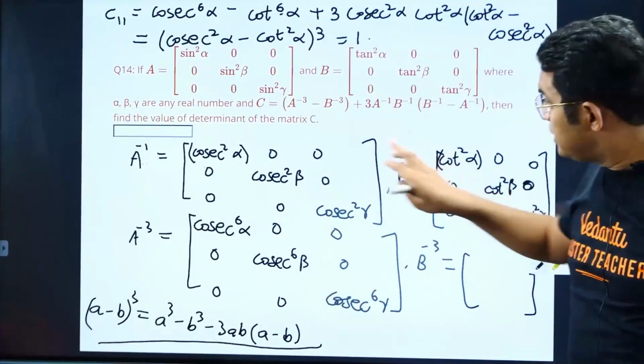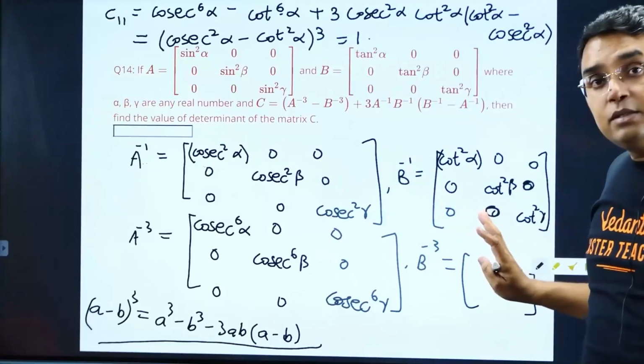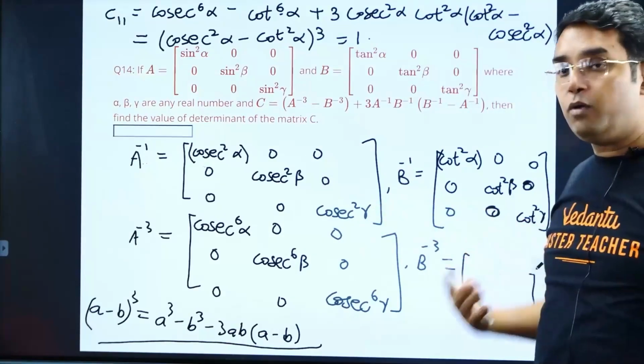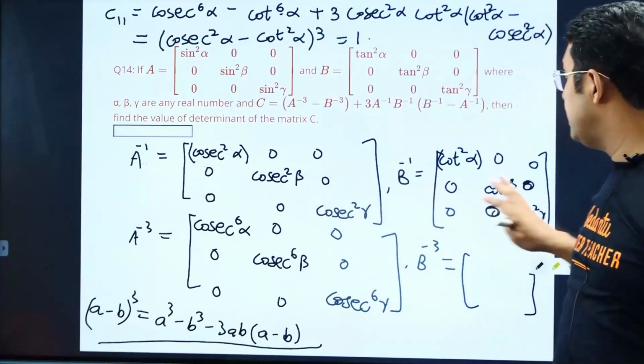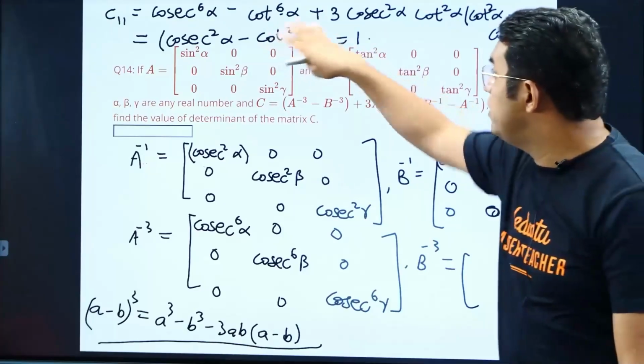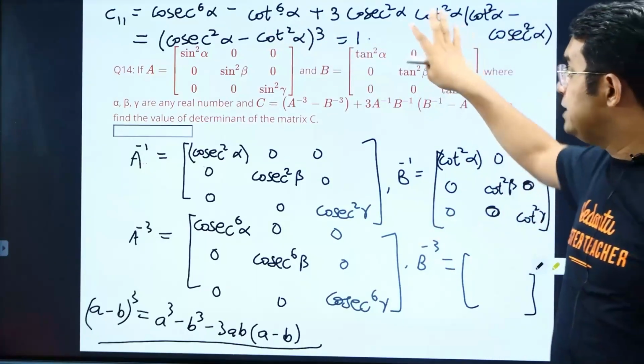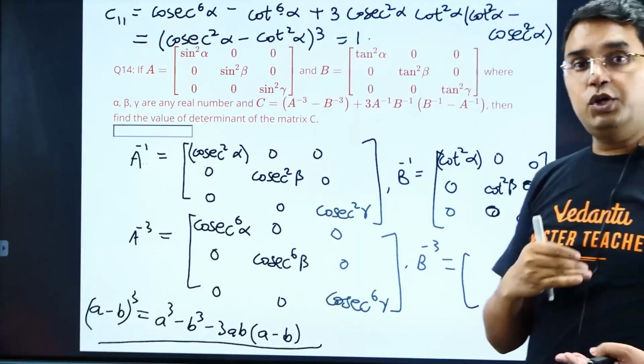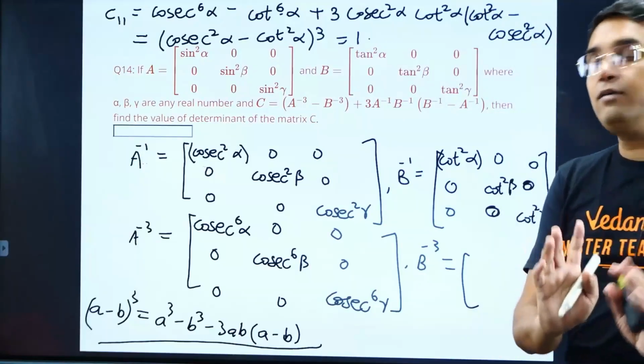Similar to this, the 2 element and 3 element will also be equal to 1, because there you will get beta everywhere, and you will be getting this identity only. Hence C11, C22 and C33 are all 1, 1, 1.